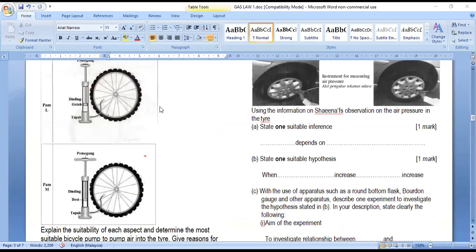So this situation is talking about temperature and pressure. After a long journey, because of the friction, the temperature will increase, so the pressure also will increase. For the inference, you can say pressure depends on temperature. When temperature increases, pressure increases.